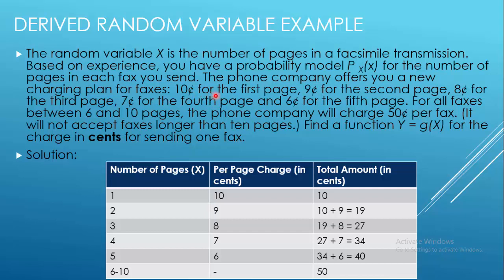If you have 2 pages, you pay 10 cents and in addition 9 cents, so in total 19 cents. If you have 3 pages, you pay 27 cents, because 10 plus 9 plus 8 cents. That goes on up to 5 pages, where you pay 40 cents. But after that, whether you are sending 6 pages or 7 or 10, you pay only 50 cents.